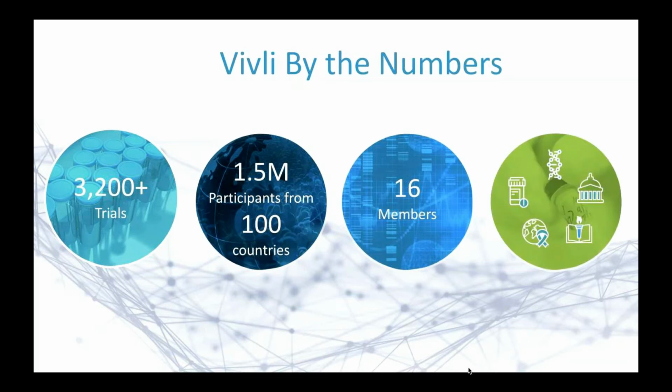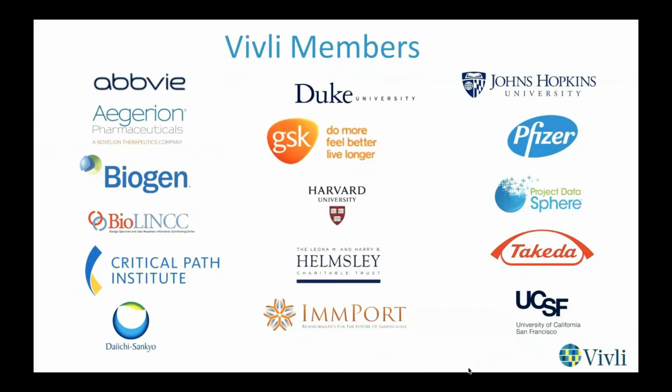Here are our founding members. You see leading research universities such as Harvard, Hopkins, and UCSF, along with companies like GSK and Pfizer, and also NIH data repositories like BioLINCC and ImmPort. These members have been true partners in helping to create the Vivli vision, and we are very grateful for their enthusiasm and support.